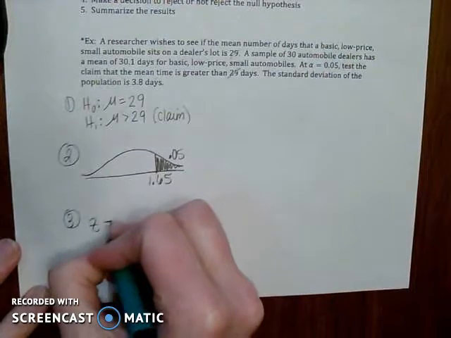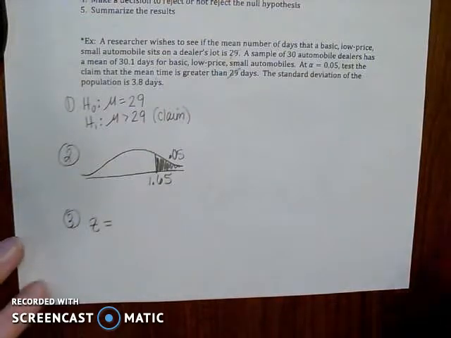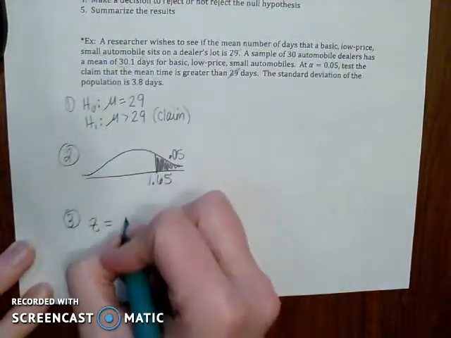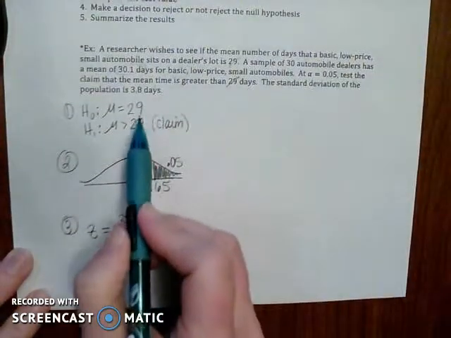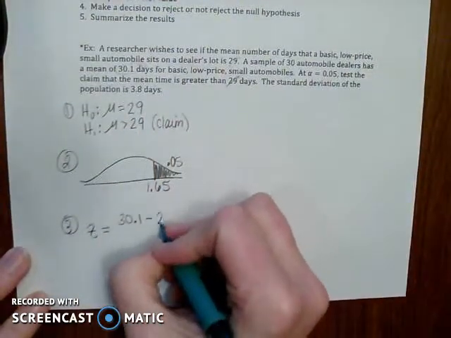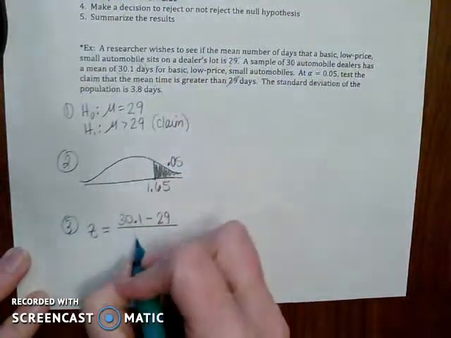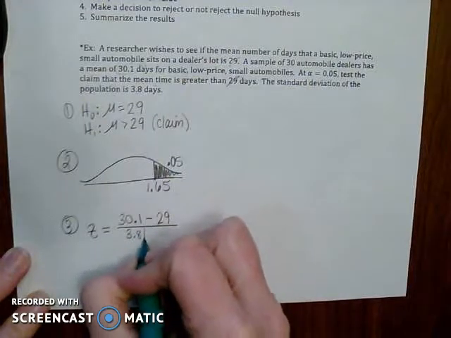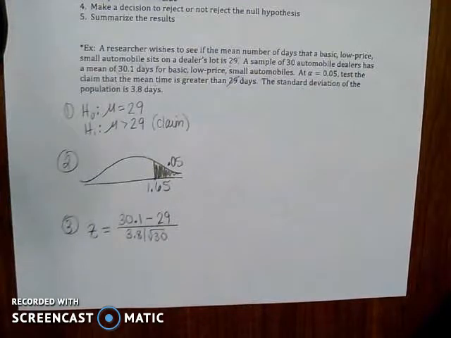Step 3 is where we calculate our test statistic, or our test value from up above. So Z equals X bar. That's our sample mean, 30.1 days, minus mu, which again comes from right here. Right now it says mu is 29. That's what we're testing. Over population standard deviation is 3.8 over the square root of n, which is 30 for our sample size.